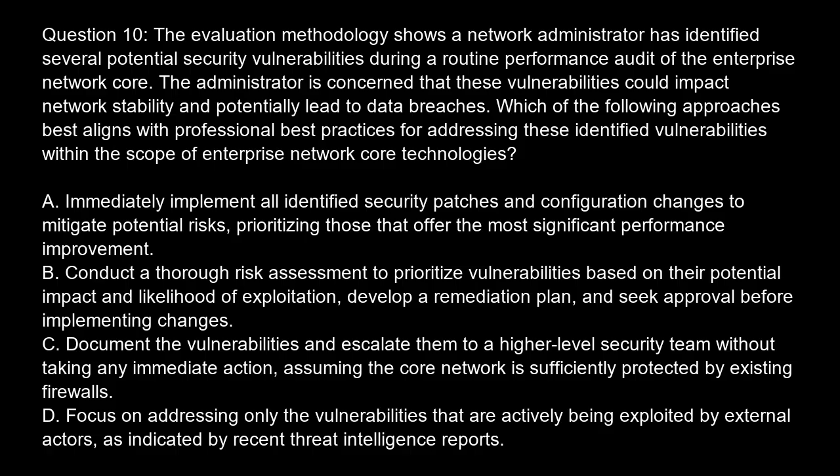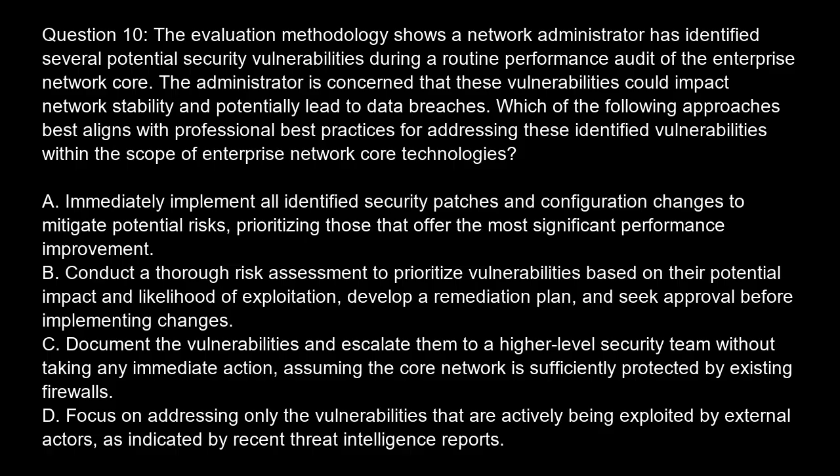Immediately implement all identified security patches and configuration changes to mitigate potential risks, prioritizing those that offer the most significant performance improvement. Option B. Conduct a thorough risk assessment to prioritize vulnerabilities based on their potential impact and likelihood of exploitation. Develop a remediation plan and seek approval before implementing changes.